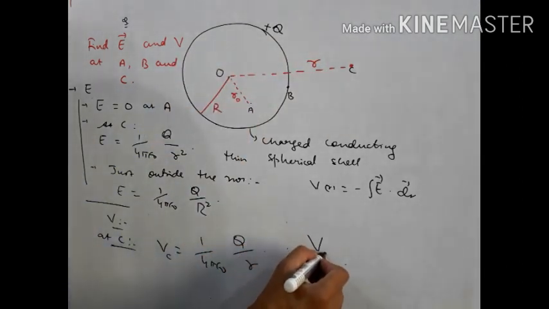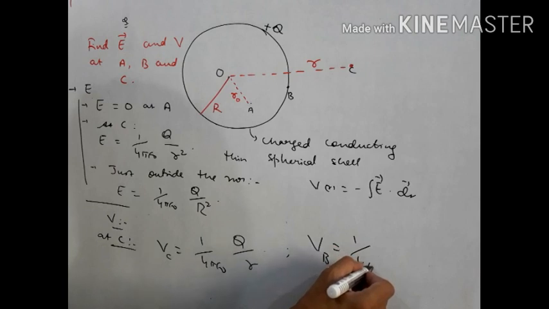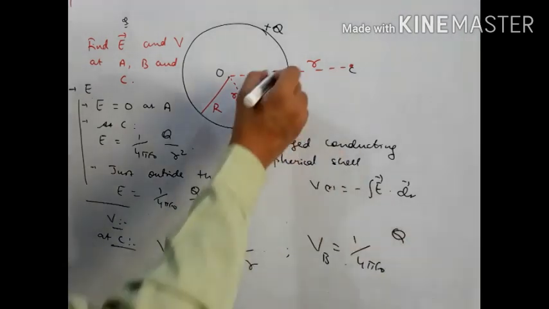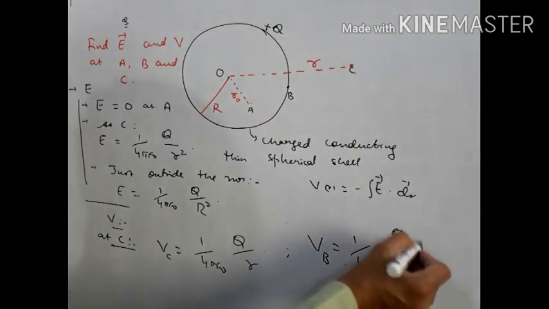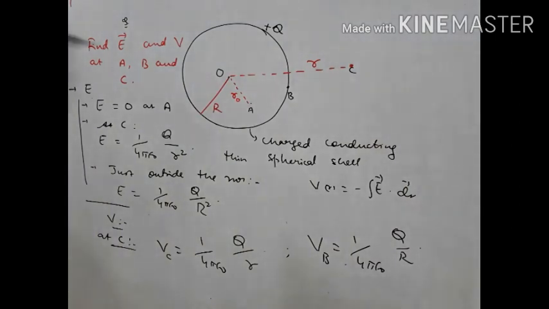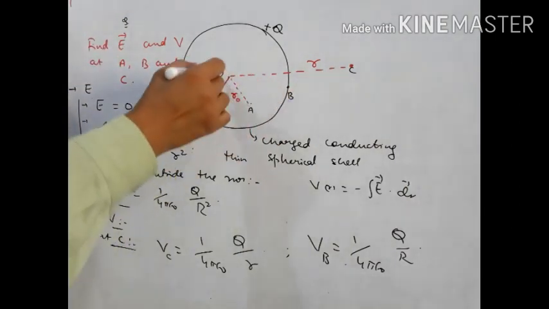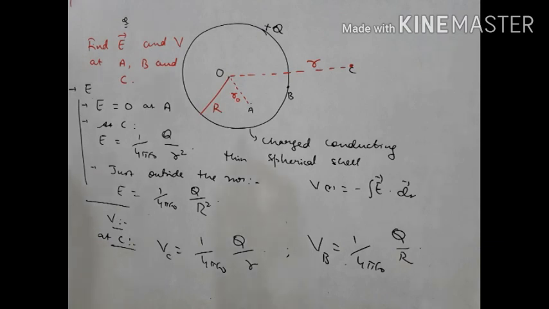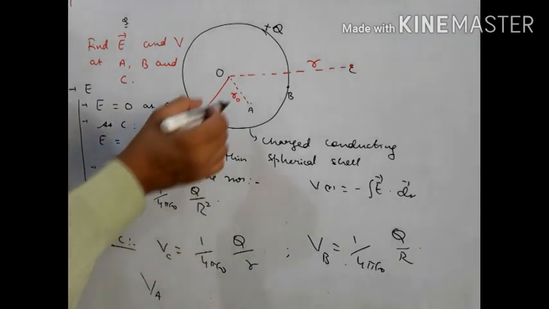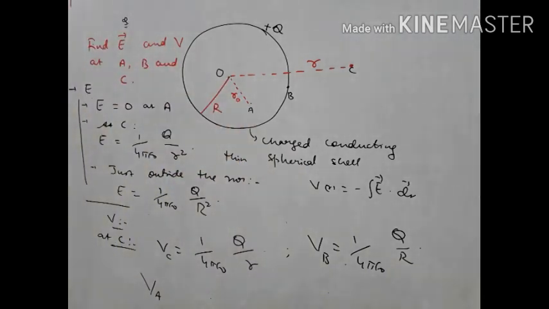And potential at B also there is no doubt, that will be 1 by 4 pi epsilon naught times q upon that distance, that is capital R. Point B is at a distance capital R from the center. What about point A? Do you think it will be 1 by 4 pi epsilon naught q by small r naught? That I am afraid is not the correct answer.